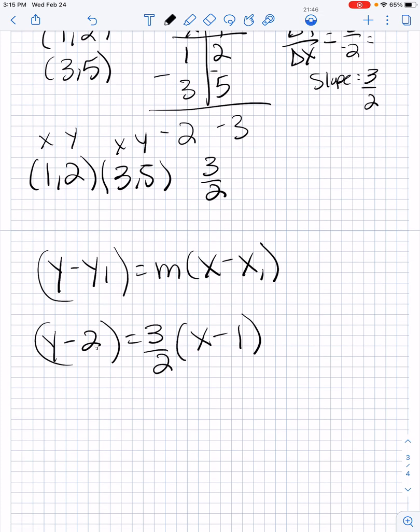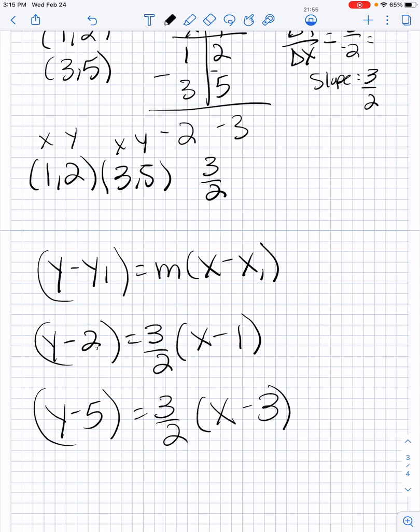Or the other answer, using the other set of coordinate points, could be y minus 5 equals 3/2, x minus 3. So really, it's just figuring out which equation to use, which one makes sense, how to plug the numbers in to figure those out.